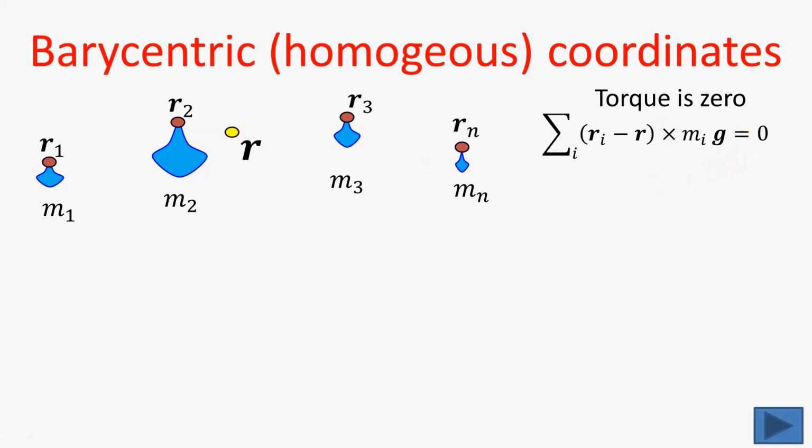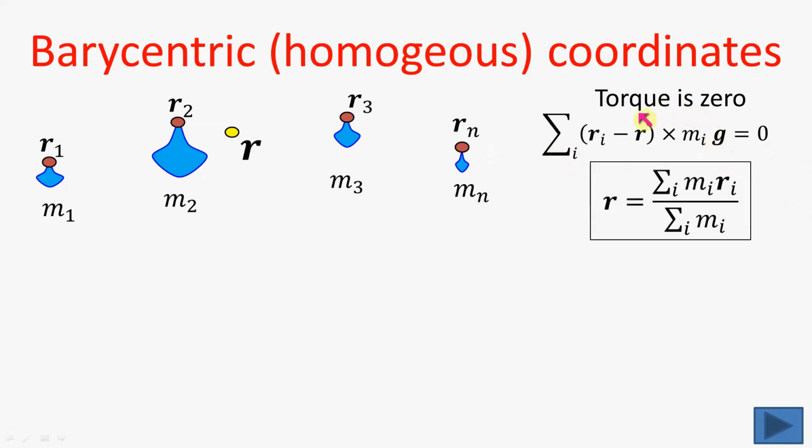So the property of this center of mass is that the torque computed for this center of mass is 0, no matter what direction the gravity field has, which is possible if the other terms are 0, from which we can express the unknown center of mass as a ratio of the weighted sum of the points where the weights are the masses themselves, and we have to divide this weighted sum with the total mass of the system. So we will use this formula to compute the center of mass in practical situations.